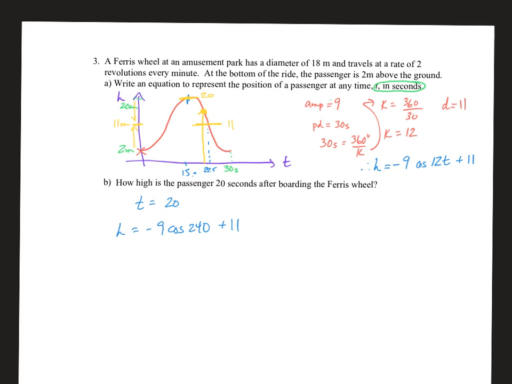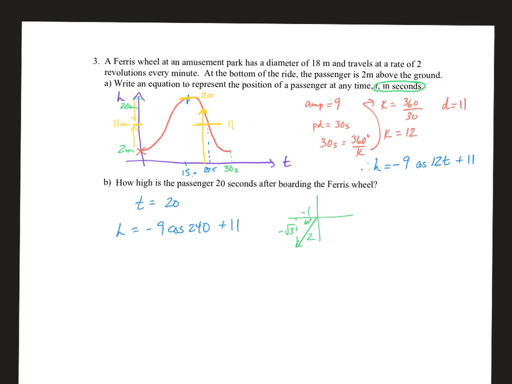Now, I understand that the question says, how high is the passenger above? That means we can get an approximate, that you're probably pushing buttons on this. However, if it did ask for exact, then maybe I can't push buttons, so I'm going to go through and deal with my cos 240. 240 puts me down here somewhere. 60-degree angle into quadrant 3. That means that my adjacent side, or opposite side, adjacent side, and hypotenuse.